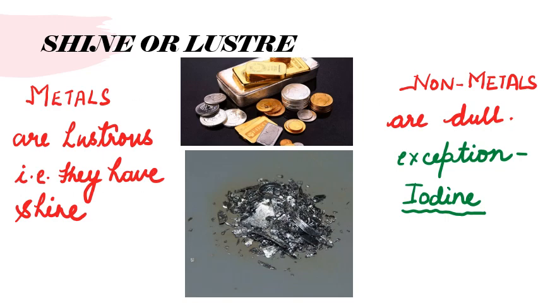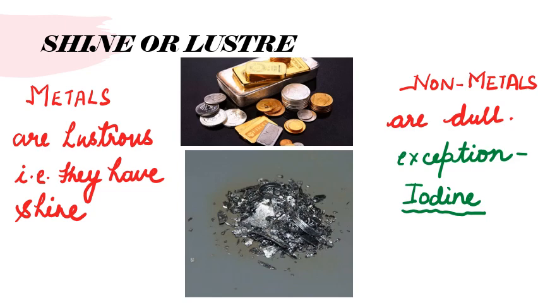If you observe a new steel spoon or a new steel plate, you will observe that it has a shiny surface. You can even see your face in it. All the metals are shiny in appearance, and the shine in metals is called luster.